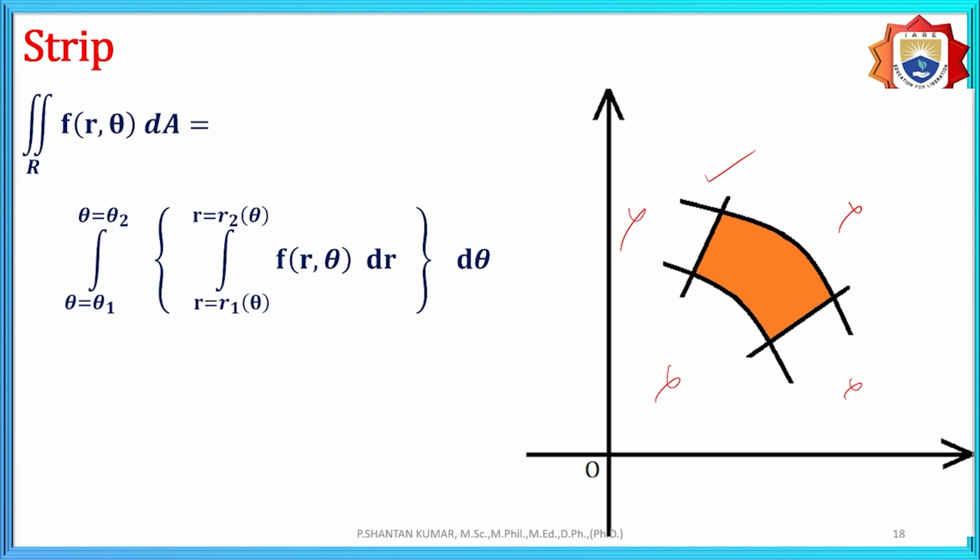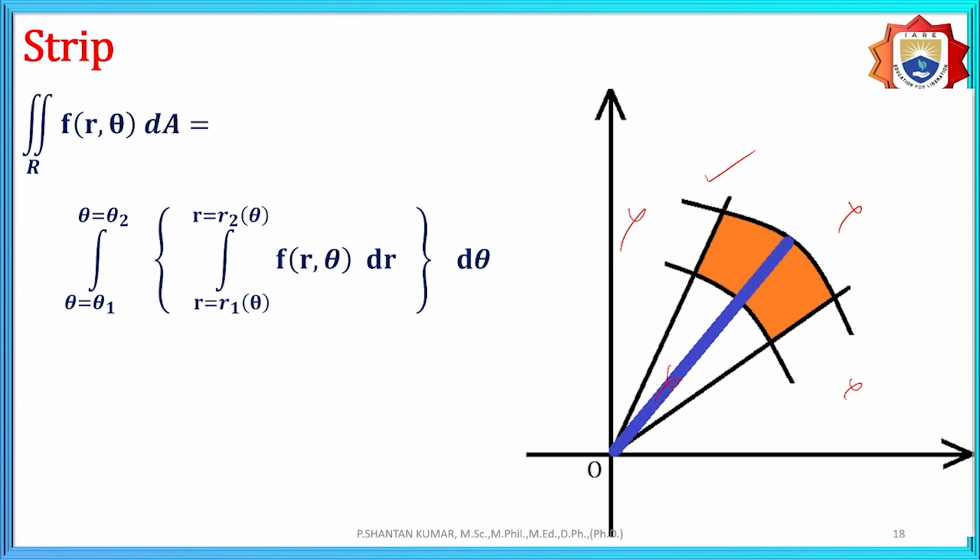Based upon this bounded region, we need to follow the steps of finding r comma theta, that is the inner part of r and the outer part of r, and similarly the inner part of theta and the outer part of theta. Here in the bounded region, theta is shown in blue color.